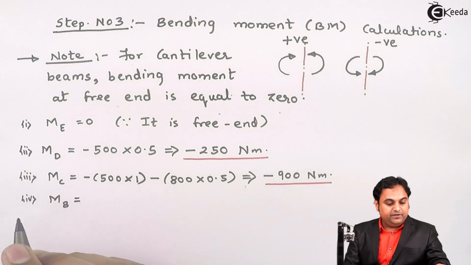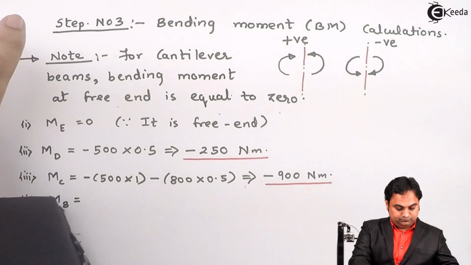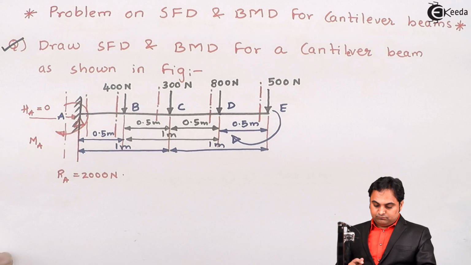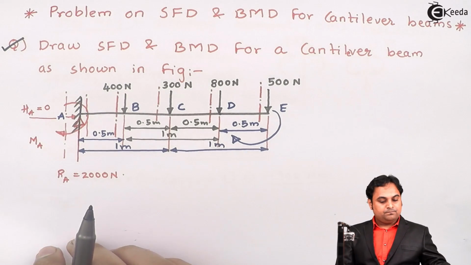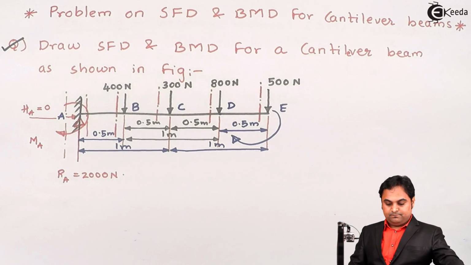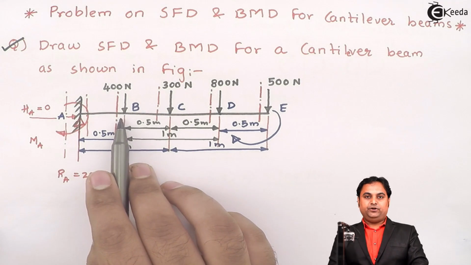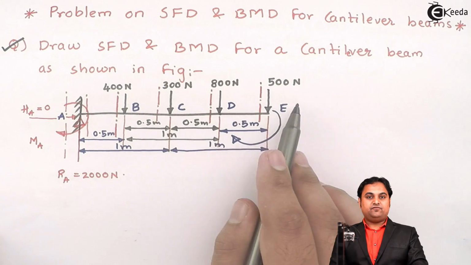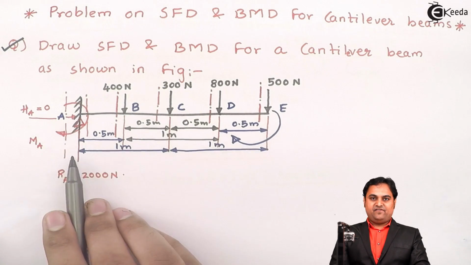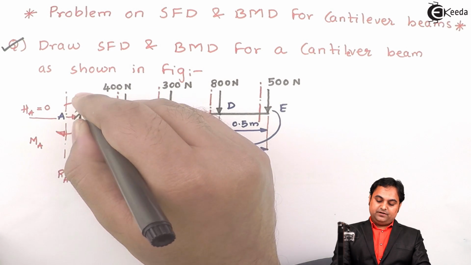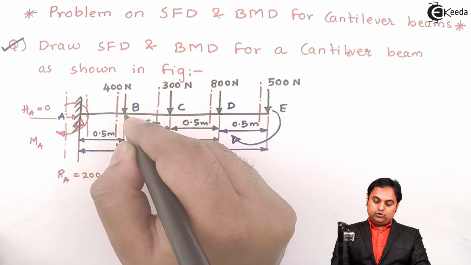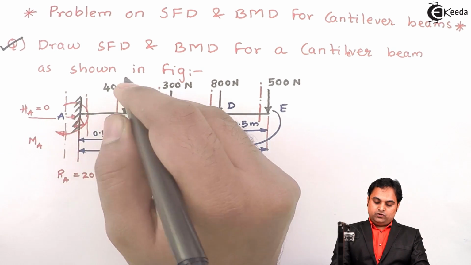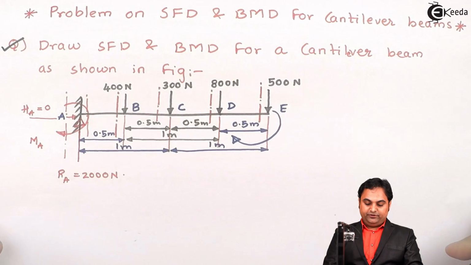Moment at point B will be equal to, now, if I see point B, on the right hand side of B there are 1, 2 and 3, there are 3 forces. On the left hand side I have RA, so this will be producing a moment in clockwise direction. So to the left of B, clockwise moment is treated as positive, so here RA into 0.5.